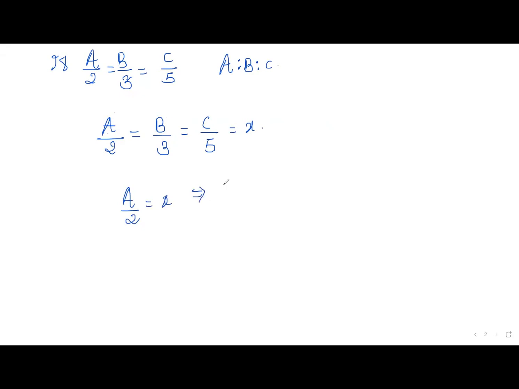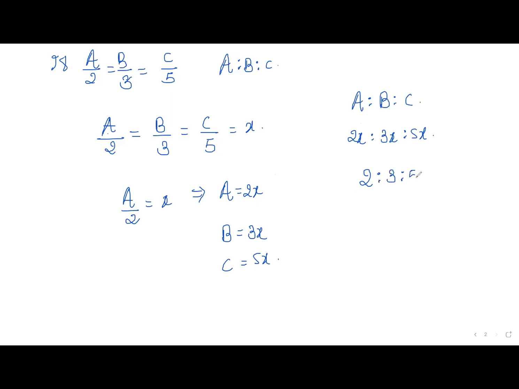So a is to b is to c will be 2x is to 3x is to 5x. Here we are getting that ratio as 2 is to 3 is to 5.